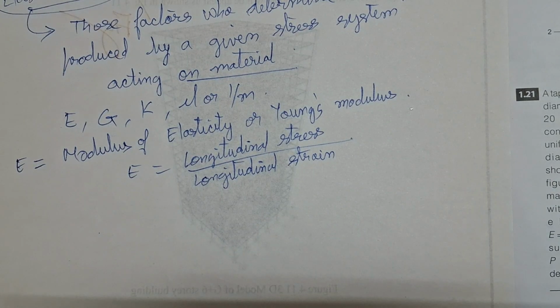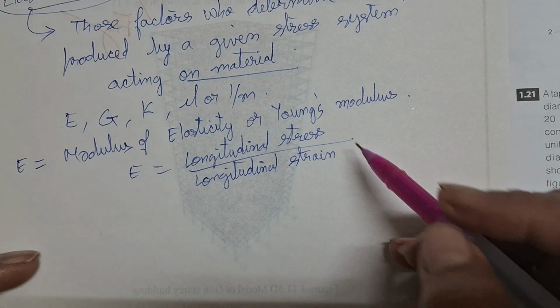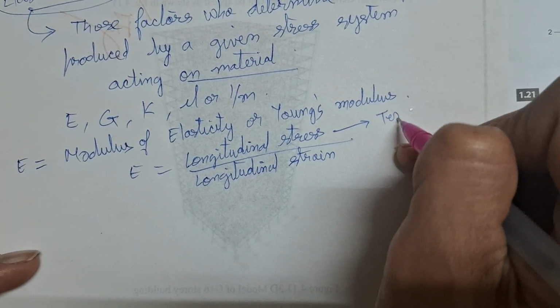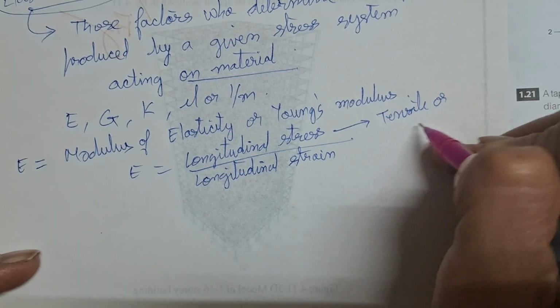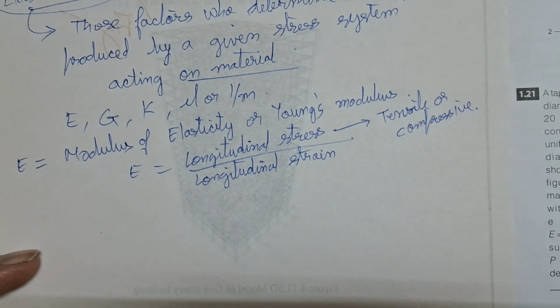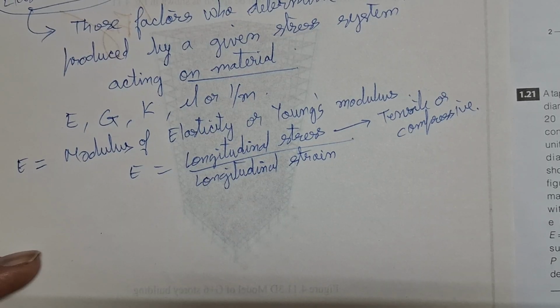So longitudinal stress divided by longitudinal strain is the modulus of elasticity. Now this stress can be either tensile or compressive, depending on the nature of forces. The value of E does not change.